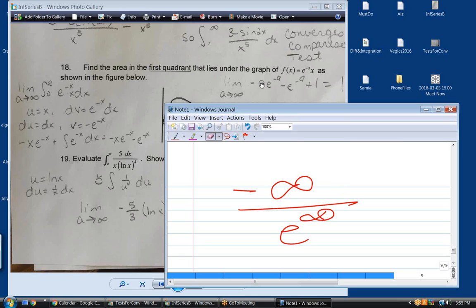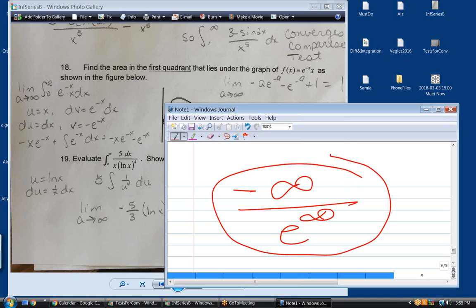Substituting infinity for a, I end up with this. That's got to go to 0. The bottom blows up much faster than the top does. And this goes to 0, so you have 0 minus 0 plus 1 equals 1. So that's the way they get that.